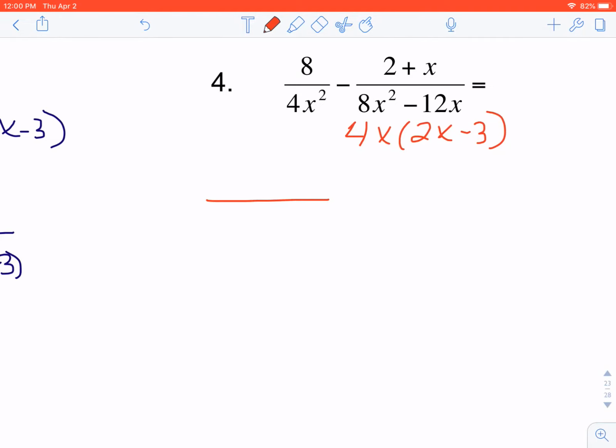So common denominator, I see a 4, they both have a 4. I see an x squared, the other one has an x. The largest power is x squared. And then looking on the right, there's also a 2x minus 3. So again, they both have a 4, they both have an x, but the one on the left has an x squared. And then we have a 2x minus 3.